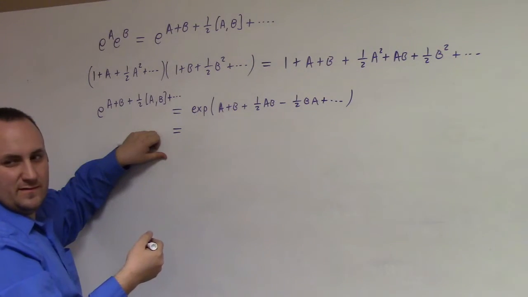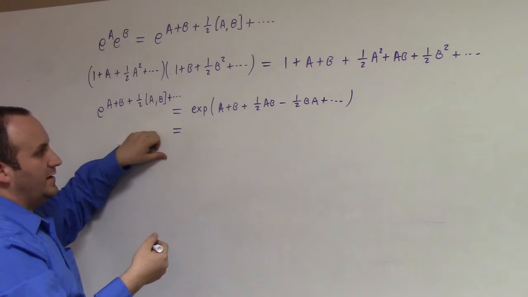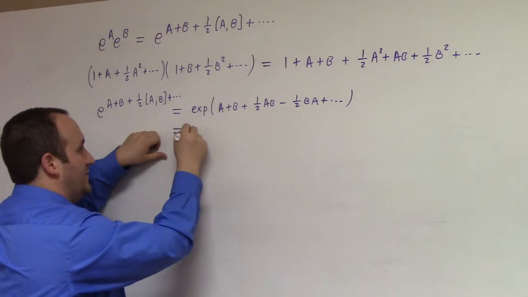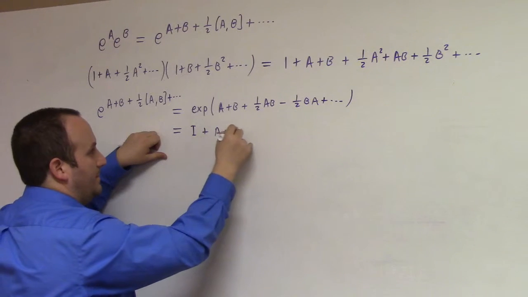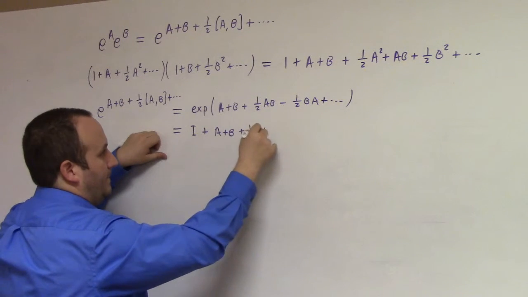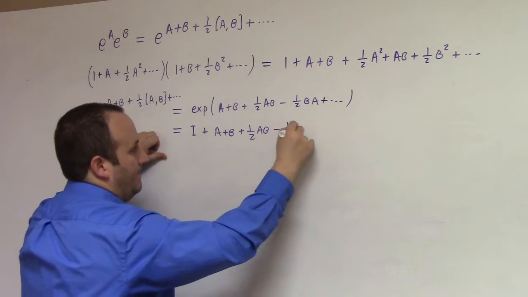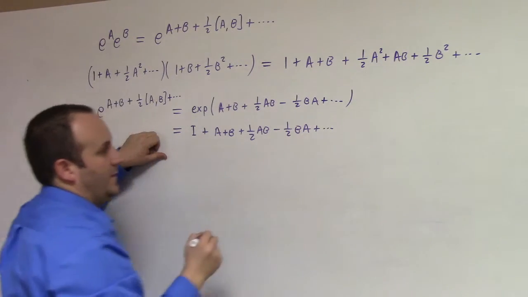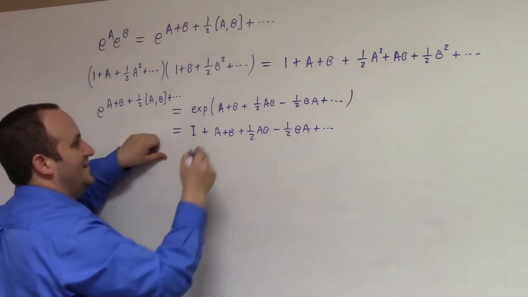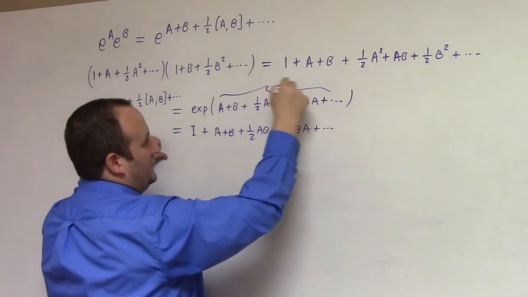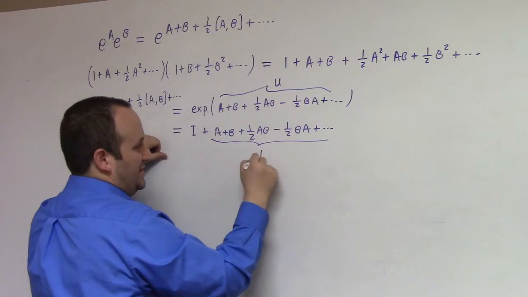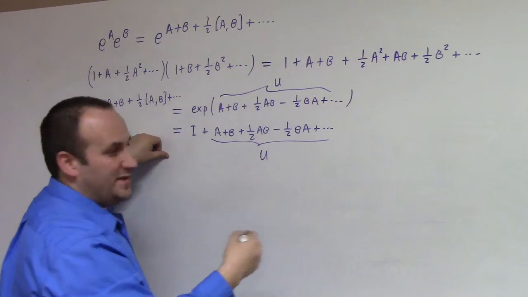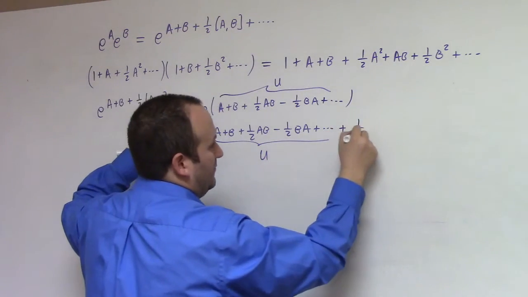So now just the definition of the exponential, which is identity plus everything in it. If I think of this thing as being U for a second, this is all just the U. What's the next thing? 1/2 U squared.